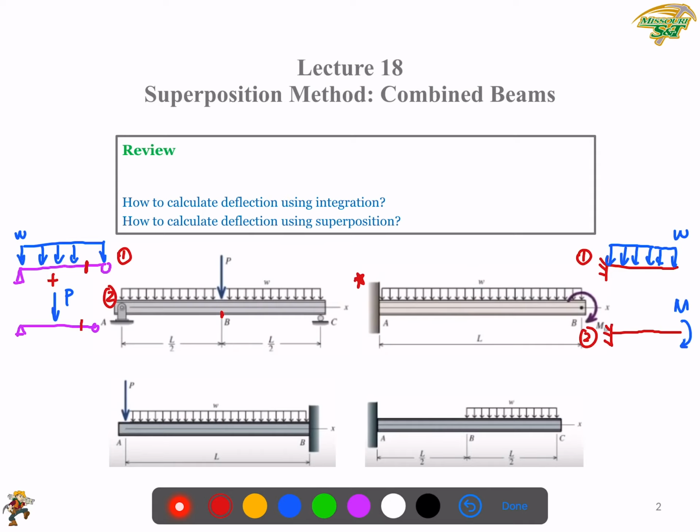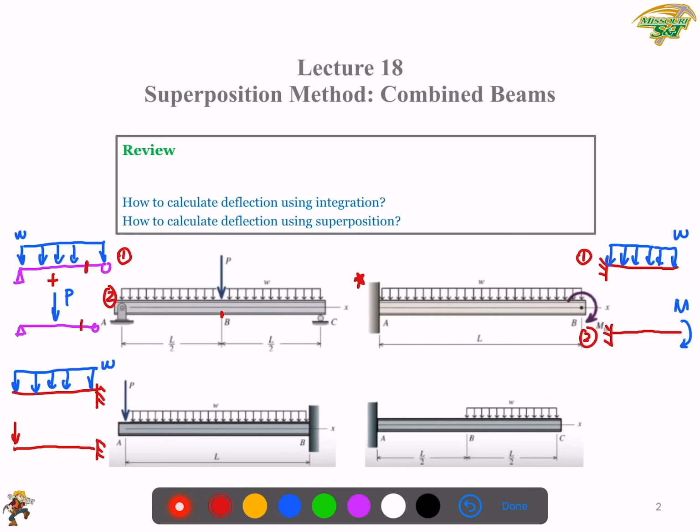The third beam is very similar to the second one. You can split it into two cases. Case 1 will be a uniformly distributed load, and beam 2 will be a concentrated load P at the free end.